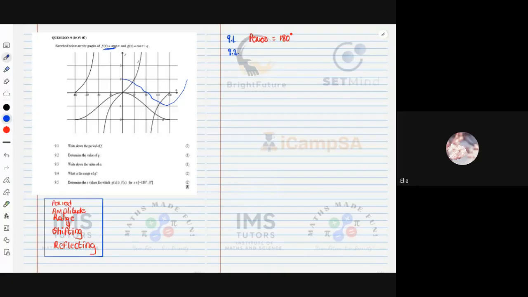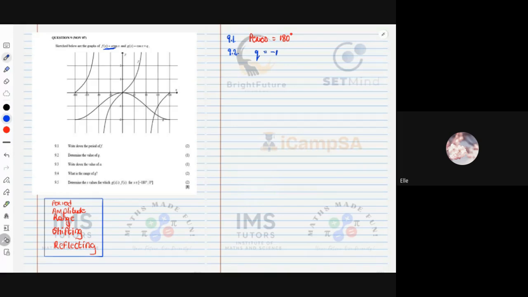So it has been shifted by 1 unit. So, determine the value of q. If our graph has been shifted down by 1 unit, that means the value of q is equal to what? q is equal to -1. As you can see, that graph has been shifted by 1 unit.